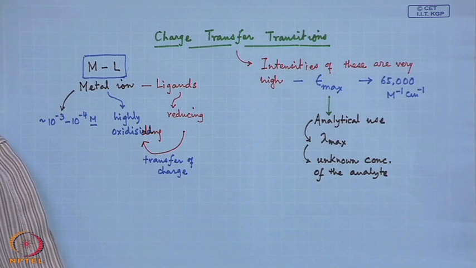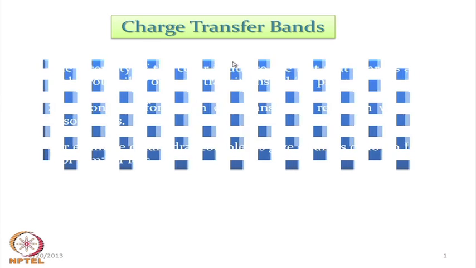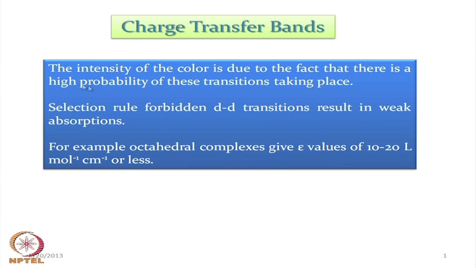So, we can consider these as the corresponding charge transfer bands, and we have to find out where this particular charge transfer band is located, and its corresponding lambda max and epsilon max values can be identified. The important factor for the intensity of the color is the high probability of these transitions taking place.